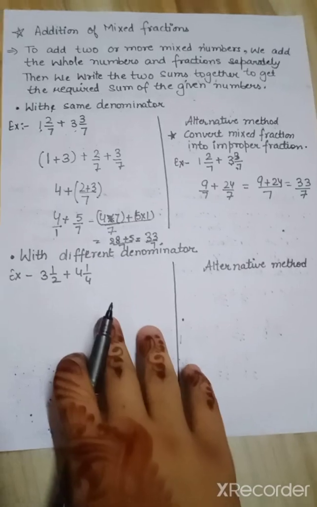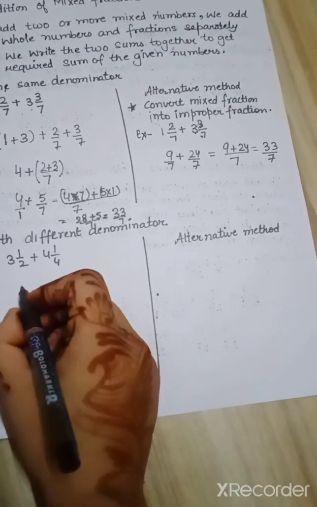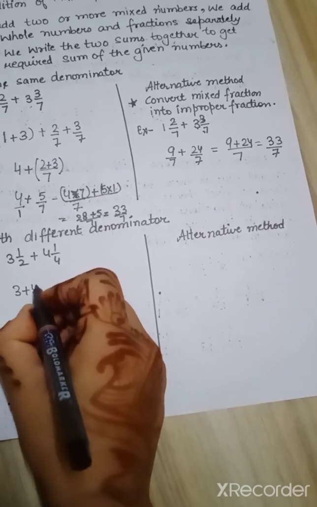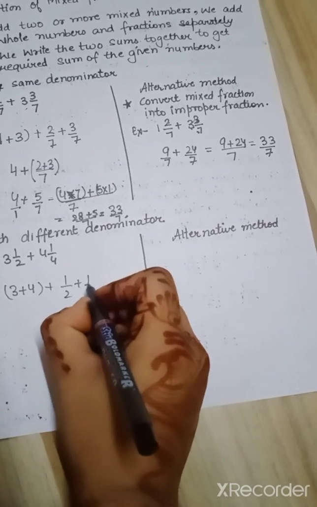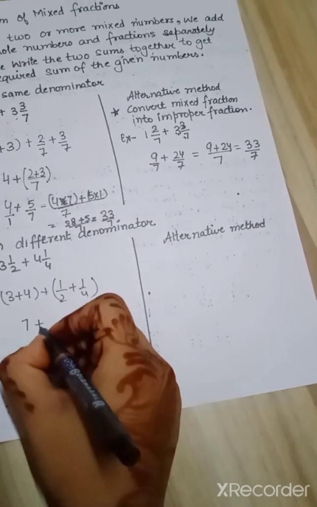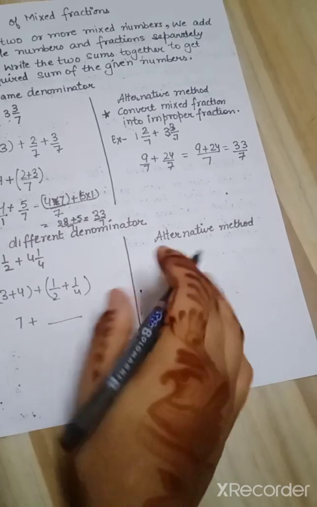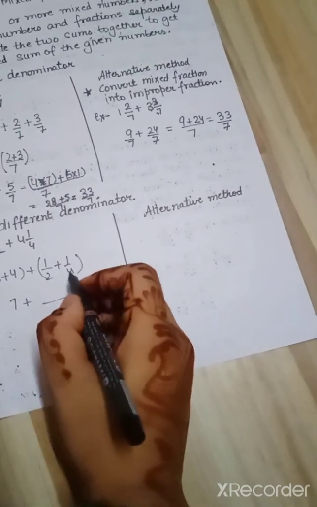Now we will see how to solve it with different denominators. We will take out the whole numbers, add them, and add the fraction parts separately. 3 plus 4 is 7. Now I will take the LCM of 1 by 2 and 1 by 4.